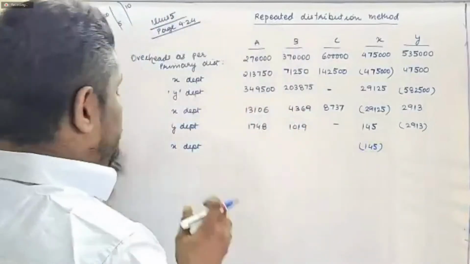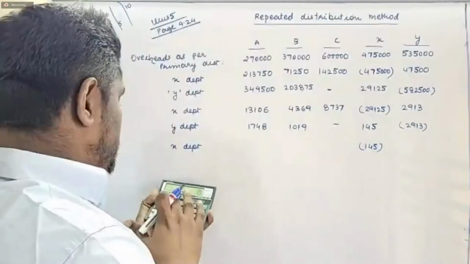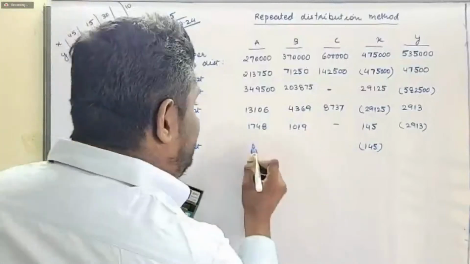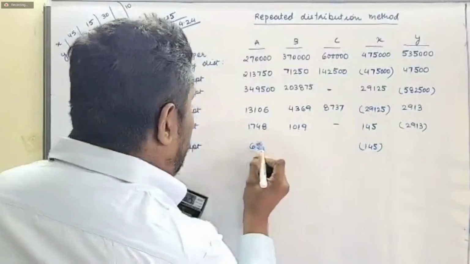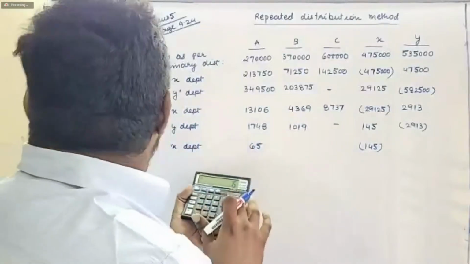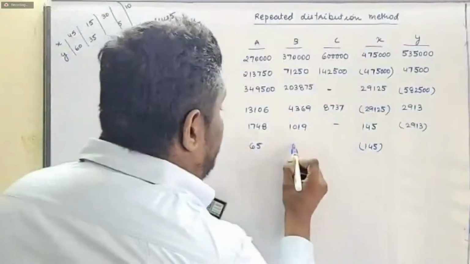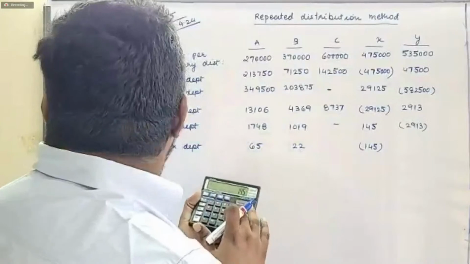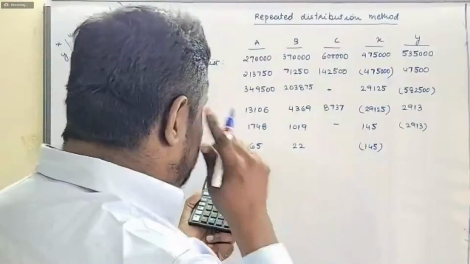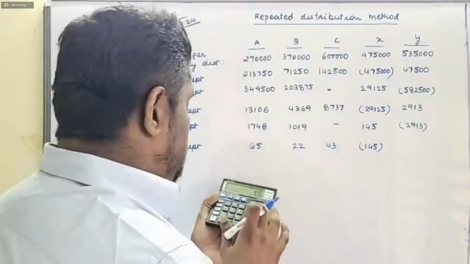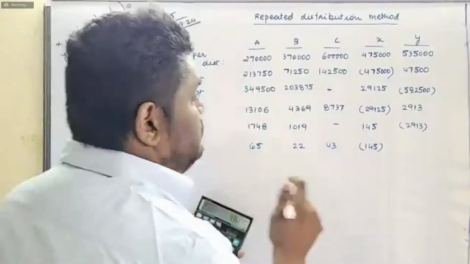And this will be distributed in the ratio of 45%, that is 65, 15%. So this will be 22. There will be 30%, so this will be 43. And this will be 15.